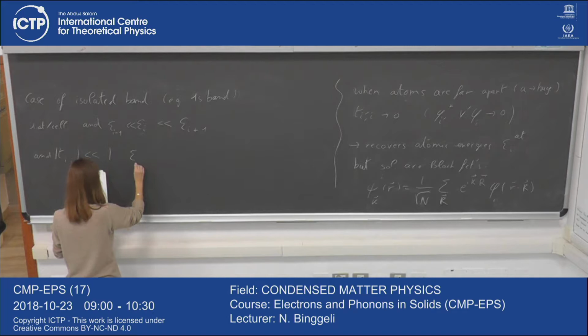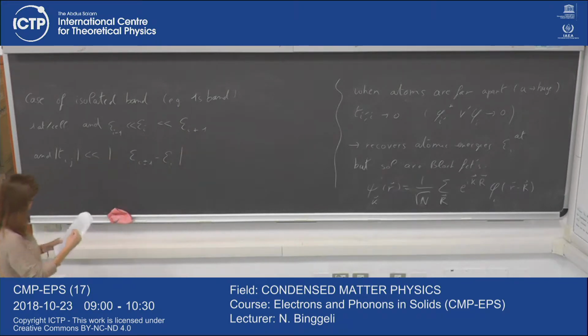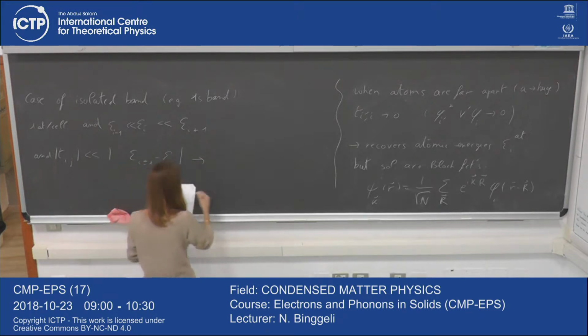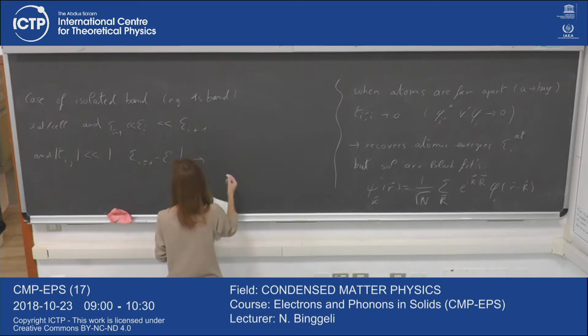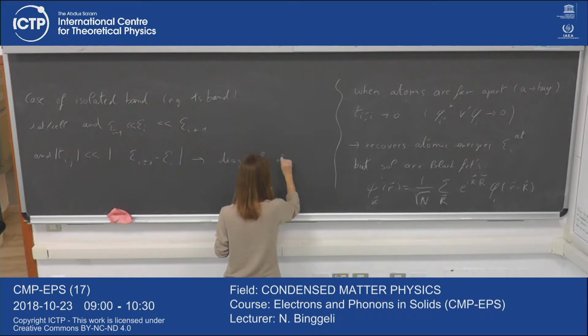So epsilon I plus or minus 1 minus epsilon I is much larger than the magnitude of my Tij. Then in this limit, the off-diagonal elements of my Hamiltonian matrix go to 0.